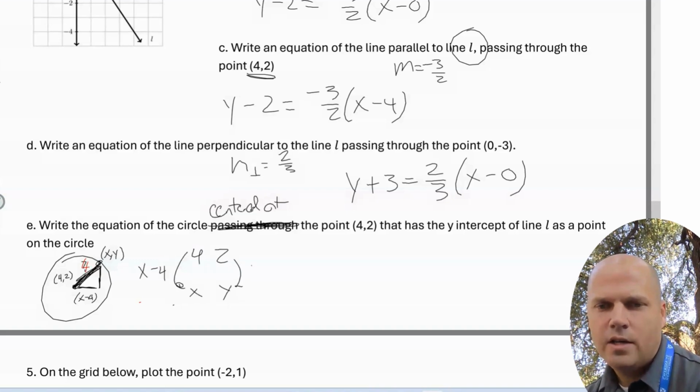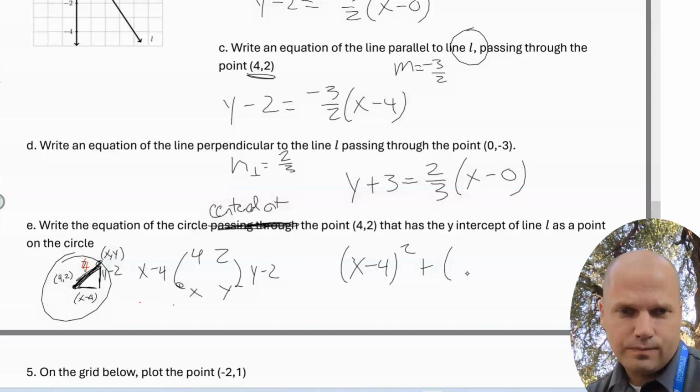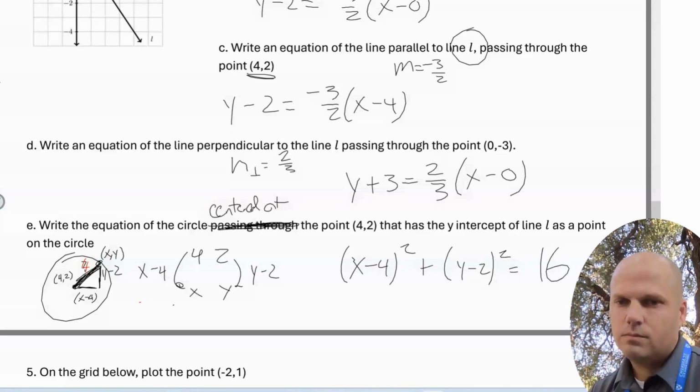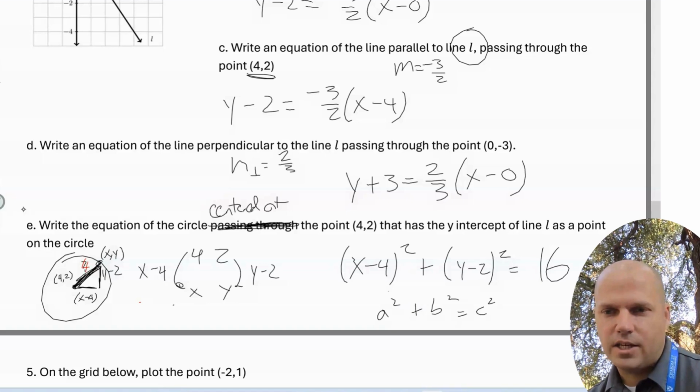From 2 to Y is Y minus 2. You get X minus 4 squared, A squared, plus B squared, Y minus 2, equals C squared. A squared plus B squared is C squared. And that's going to be the equation of the circle, and you could graph that.